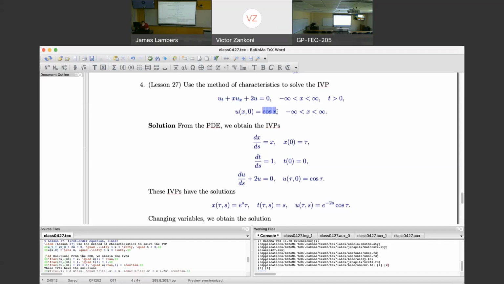And then the initial condition is the initial value for u, but x is replaced by tau, because tau is the initial value of x. So make sure to do that. For this ODE for u, the initial conditions are functions of tau.